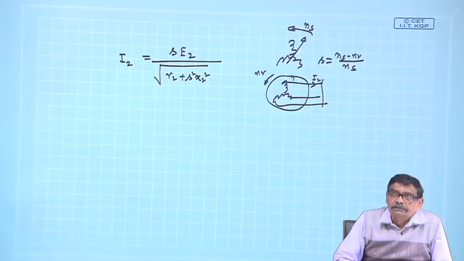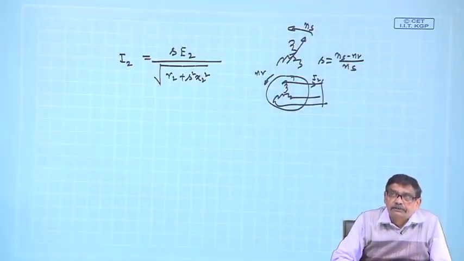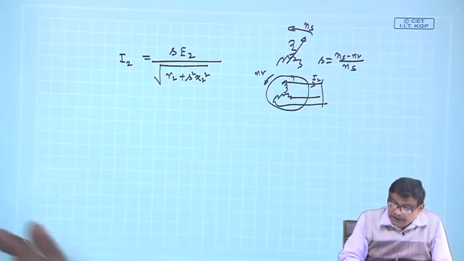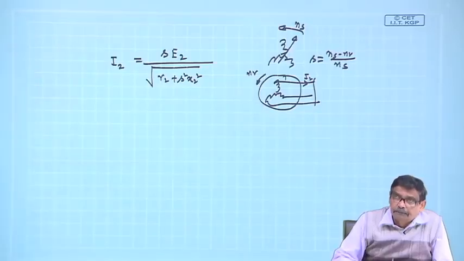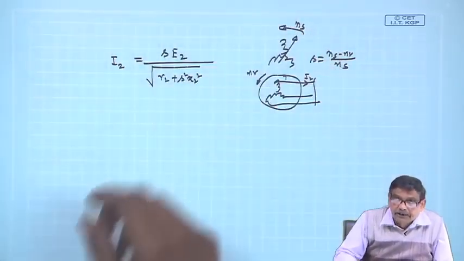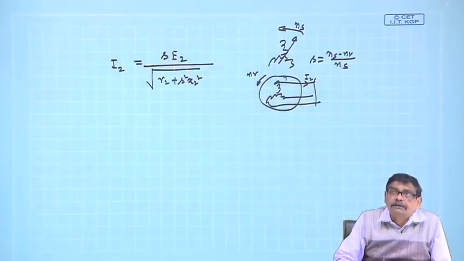It is also Ns with respect to a stationary observer in the same direction. Then only that torque angle delta can remain constant. Okay. It will move like that, and based on that the stator draws additional current to counterbalance that rotor rotating magnetic field. That is the whole idea.